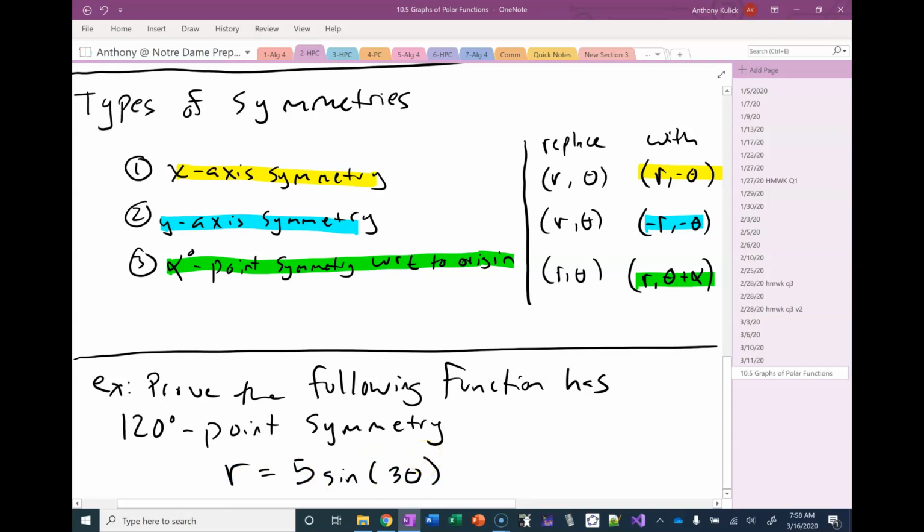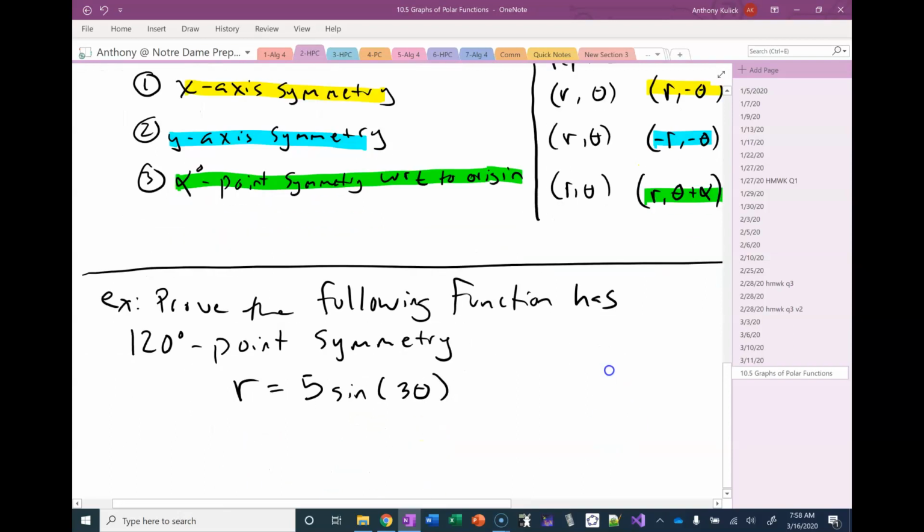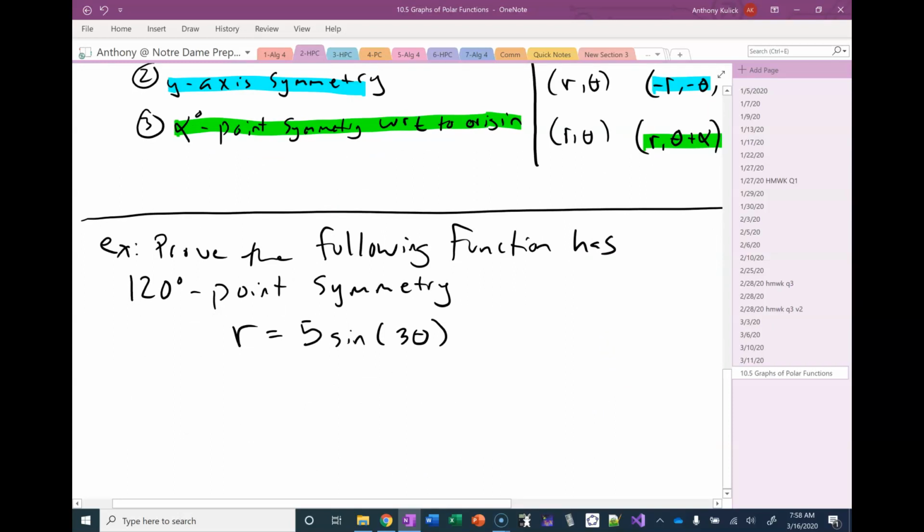Let's say we want to prove that the function r is equal to 5 times sine 3 theta has y-axis symmetry, and 120 degree point symmetry. Okay, so let's do the y-axis symmetry first.